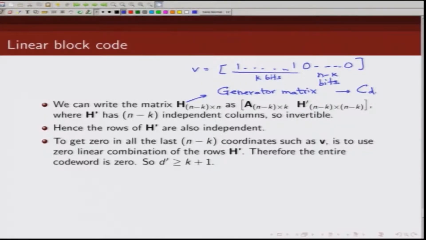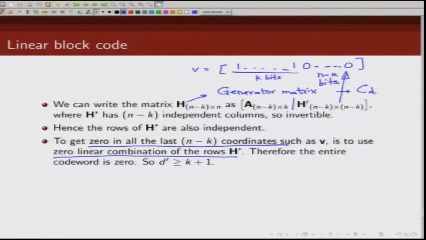Now remember, to get 0 in the last n minus k coordinates, and this consists of n minus k linearly independent columns and rows, the only way we can get it is if we use a 0 linear combination of all rows. So if we do 0 times all the rows, that is the only way we can get this condition.